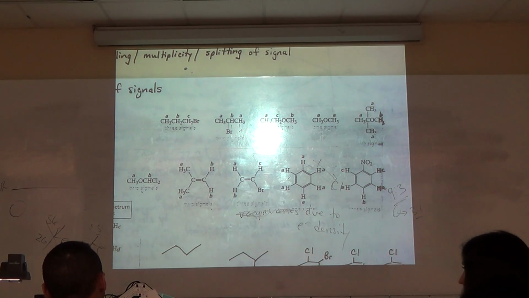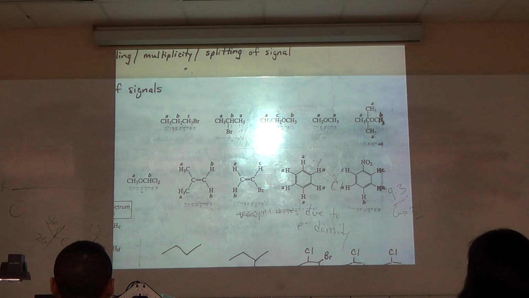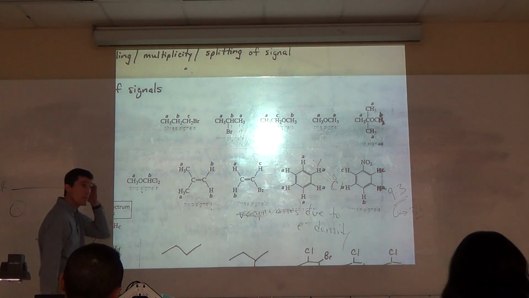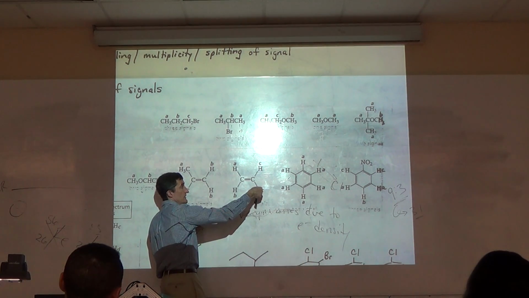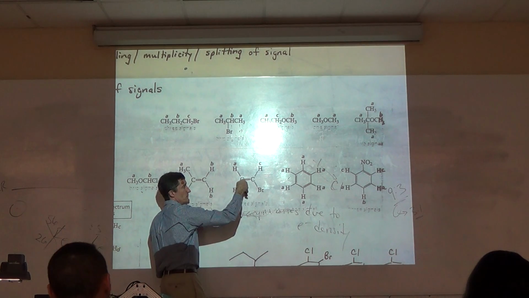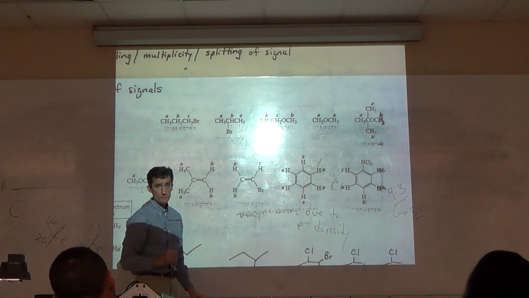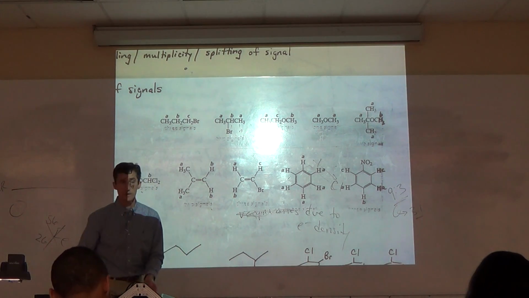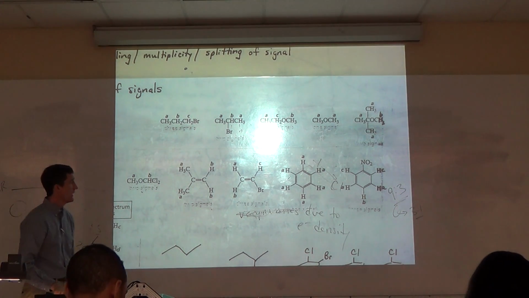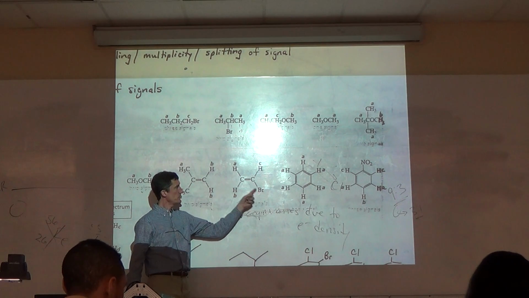David, why are they not the same? Why does a double bond make them not the same? Because one is trans to the bromine and one is cis. Okay? Now, in terms of bond distance, they may be the same, single bond to one, single bond to one. But through space is also important. And through space, this one's just closer to the bromine than that one.